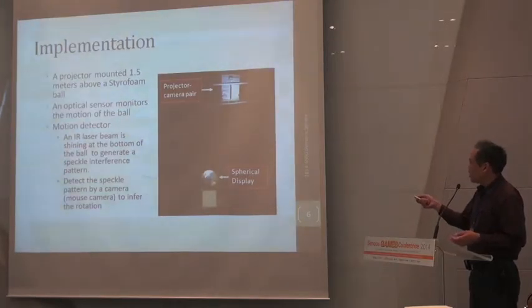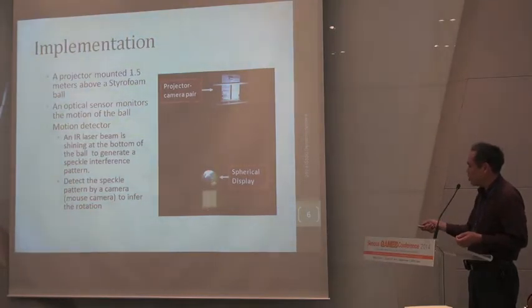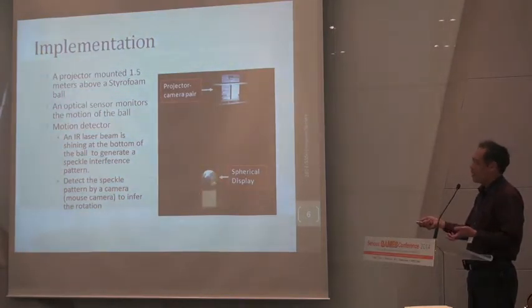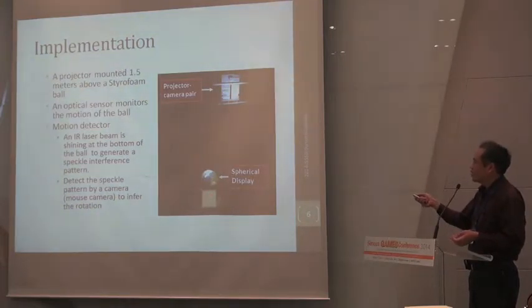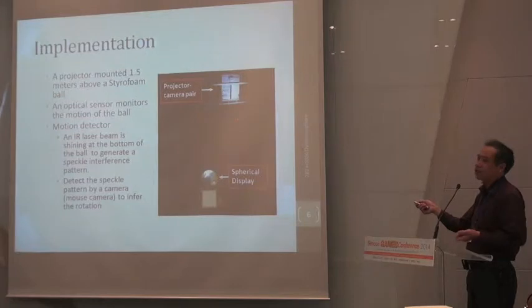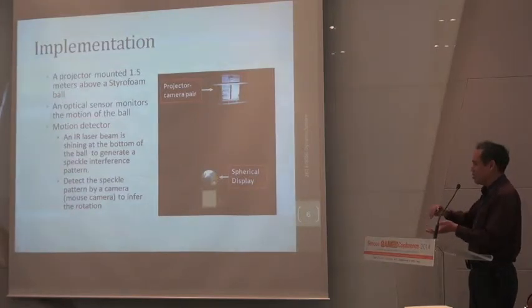So the projector is projecting something on the sphere, and there is also a sensing device underneath this sphere. When you rotate the sphere, it understands how much you rotate it and adjusts the projector image accordingly. So if you rotate it to the right, it will project something on the right.